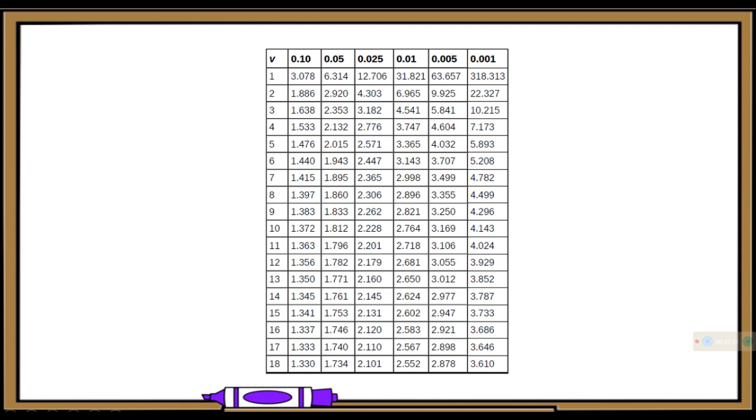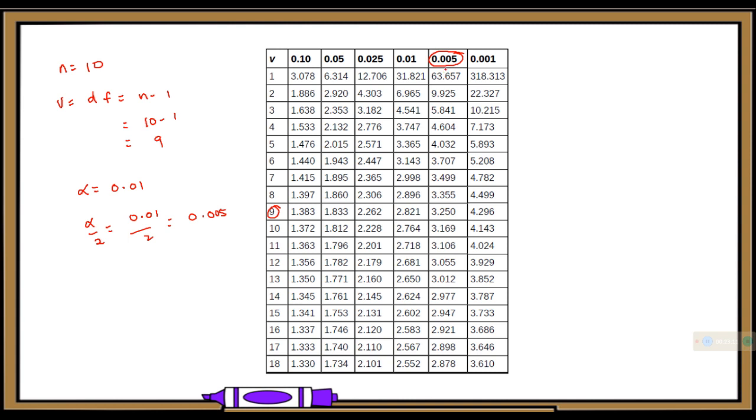Ang DF po natin dun sa problem ay 10 minus 1. So, we have 9. So, ito lang po yung titingnan natin, 9. Tapos, ito naman po, ang alpha natin ay 0.01. Ang kailangan natin ay alpha over 2. So, ang alpha over 2 natin ay 0.01 over 2, which is equal to 0.005.